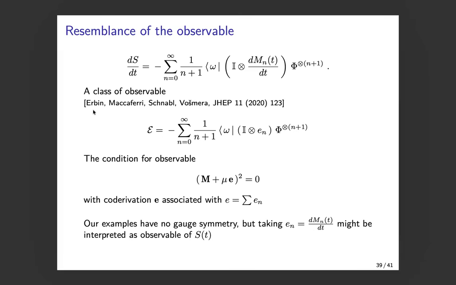So if we satisfy this condition and cyclicity, this is gauge invariant. Our example has no gauge symmetry, but taking E_n equal to M_n dT over dt might be interpreted as an observable of the interpolation theory.